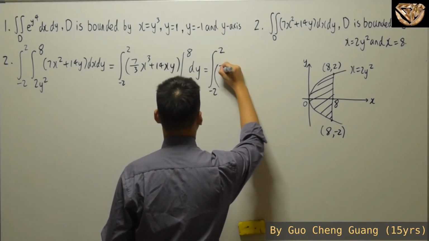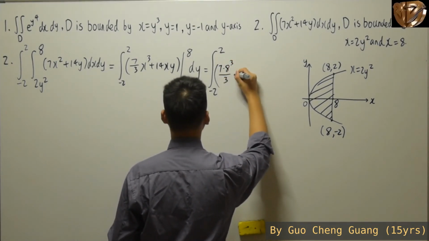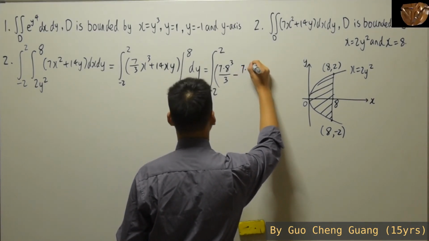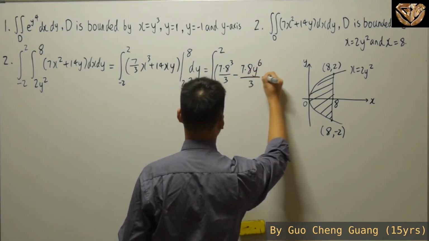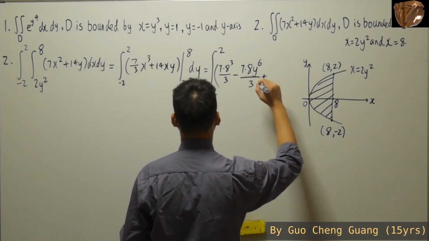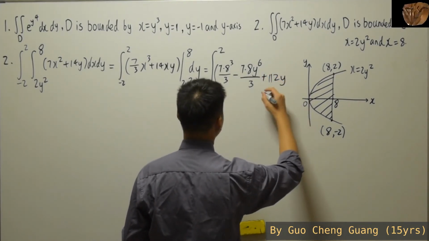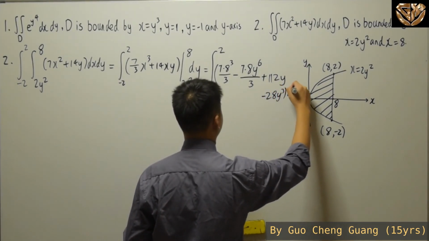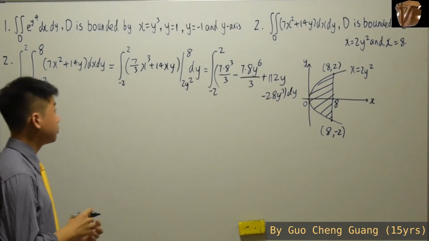You're going to have 7 multiplied by 8 cubed over 3, minus 7 multiplied by 8y to the power of 6 over 3, plus 14 multiplied by 8 then multiplied by y, which is 112y, and then you have to subtract 28y cubed, which is you have to solve this part over here.